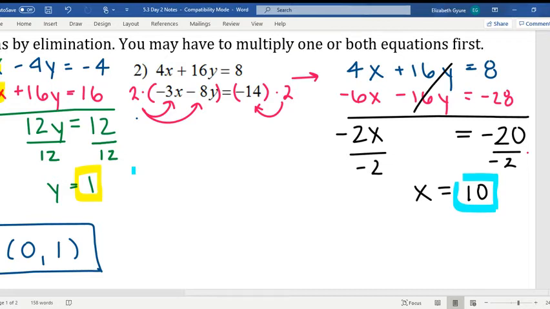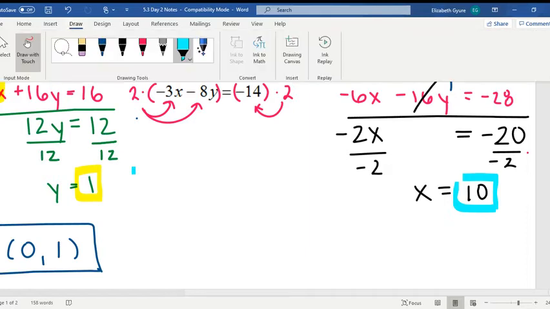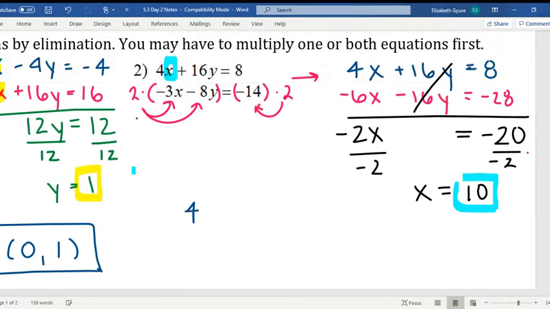Pick whichever equation you want, but I recommend plugging the one in that you haven't used yet, which is this top one, right? We messed with that bottom one. We multiplied it by 2. So I'm going to plug this 10 in where I see x in my top equation. So that equation was 4 times x. X is going to become this open set of parentheses, plus 16y equals 8. So I'm taking this and I'm plugging it in here.